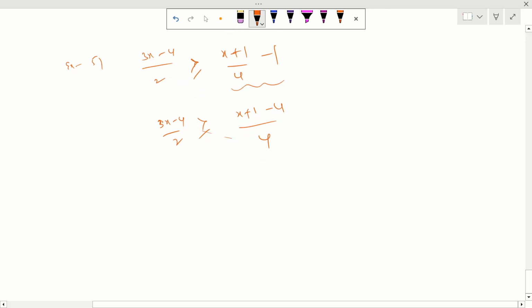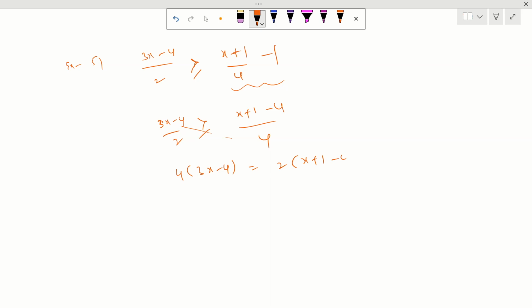Here the 4 I will take this side, so it is 4 into (3x - 4), and the 2 I will take this side, so it is 2 into (x + 1 - 4). Then 4 threes are 12x, 4 fours are 16, 2x plus 2, 2 fours are 8. So this is greater than or equal to.